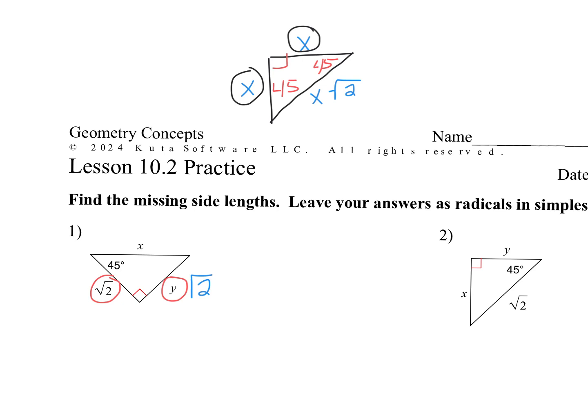Okay, so now we have to look for x. How do we get from the leg to the hypotenuse? Yep, if we're going to it, we're going to multiply by the square root of 2. So I'm going to take square root of 2 times the square root of 2, which equals the square root of 4, and then the square root of 4 is 2.